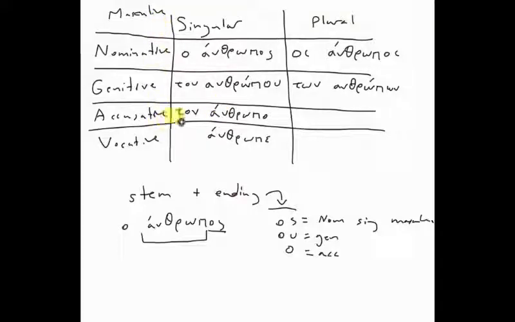The masculine accusative plural definite article is always tous. And the ending is also us. Tous anthropus. And based on what I said over here, the plural should be the same as the nominative plural.